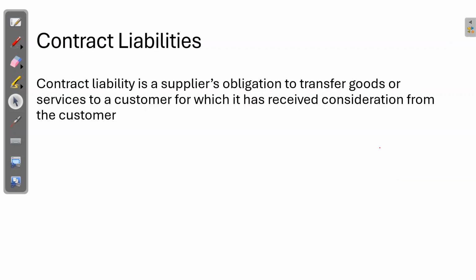So we have looked at contract assets. Let's look at contract liabilities. That's the opposite of contract assets. Here, the buyer is the one who has paid the supplier.